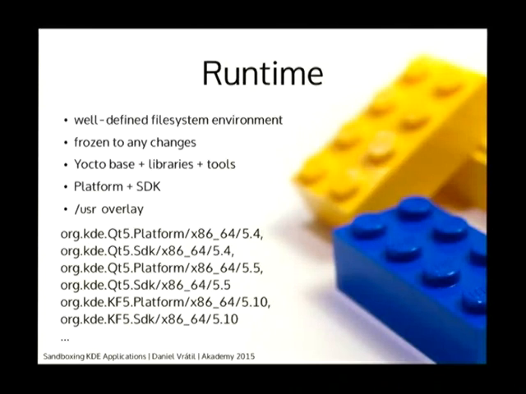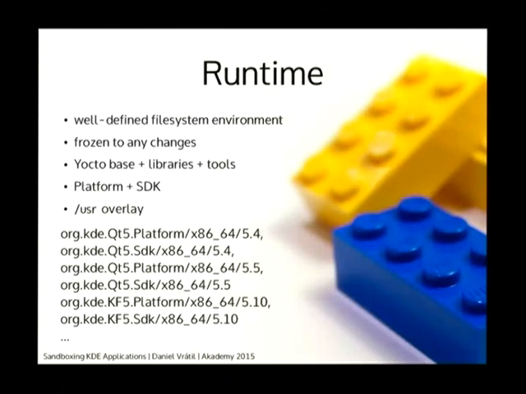File system environment is, well, that's weird, it means that basically the runtime just contains a file system tree. It's just libraries, utilities, and files. The well-defined means that it is exactly set, or it is defined what the runtime will contain.